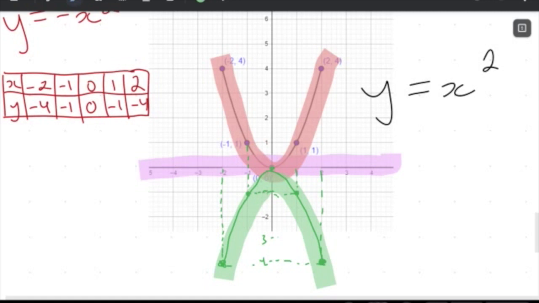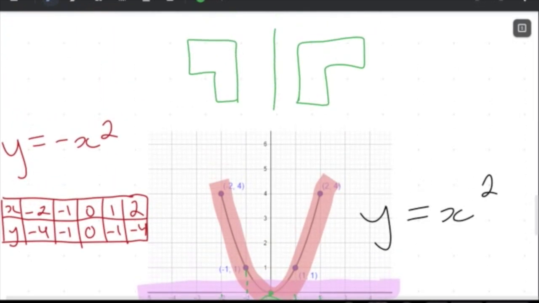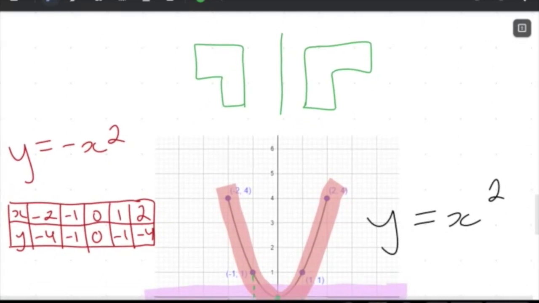I can see a mirror reflection around my mirror line here in the same way I had up here. So when I actually pop a negative coefficient in front of my x squared, now all I've done here is, I haven't actually dilated it.